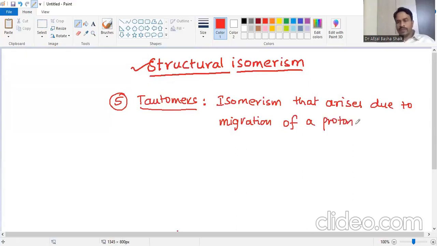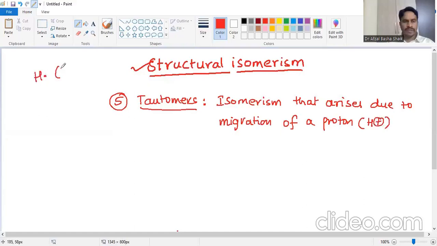There are different types of tautomers, not only the keto-enol tautomers, which is typically known to the majority of people. So simply, tautomerism is a type of isomerism that arises due to migration of a proton. Proton means H plus, right?